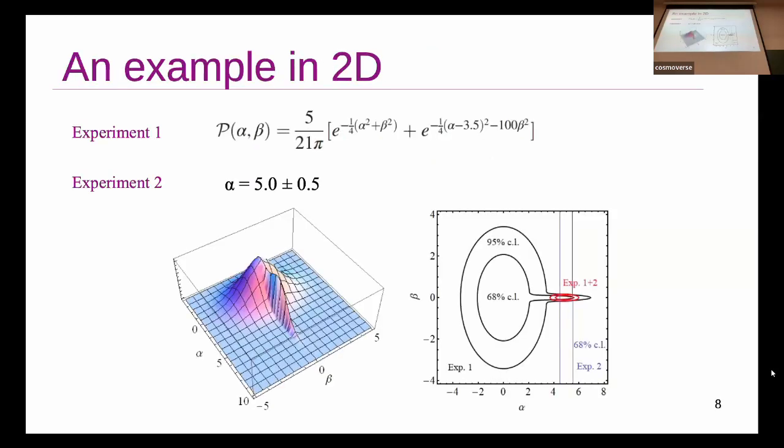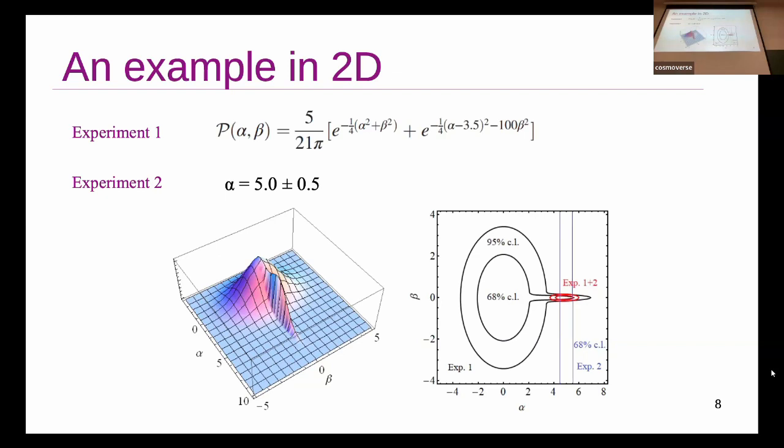So just to illustrate this problem in a very simple way, imagine that we have a two-parameter model. Let's call them alpha and beta. And we have two experiments. Experiment 1 gives us this posterior distribution. Basically, this is the sum of two Gaussians, but you know the sum of two Gaussians is not Gaussian.